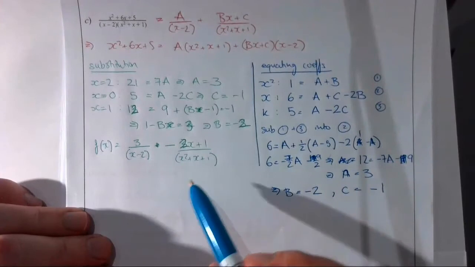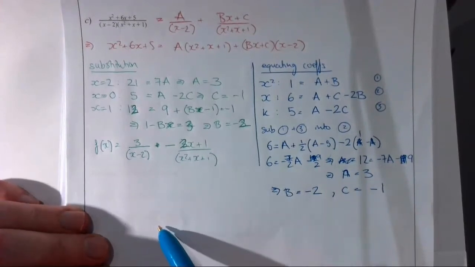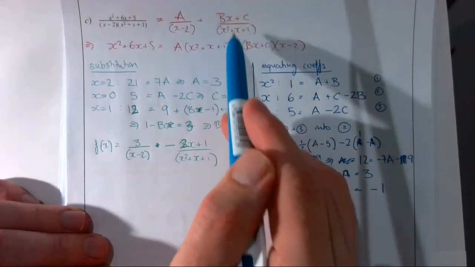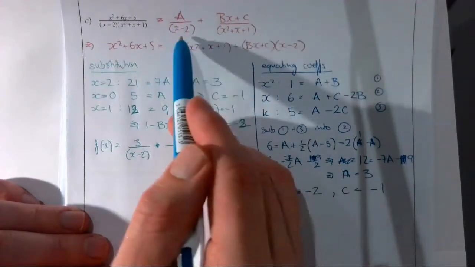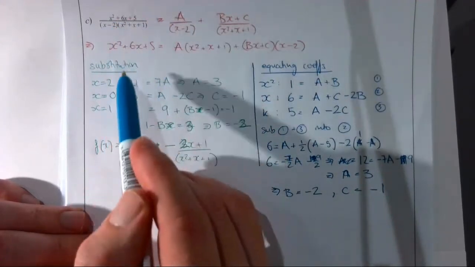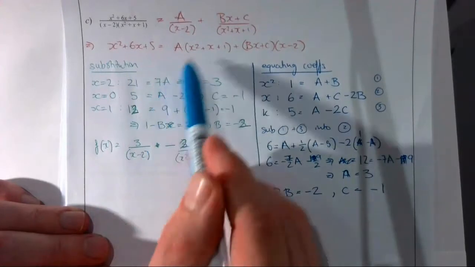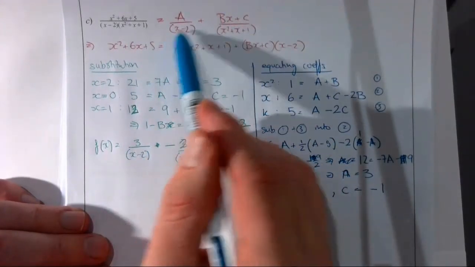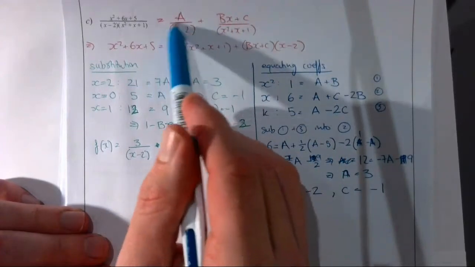For the irreducible quadratic, here we only have 2 terms, but we have a bx plus c on the numerator of the quadratic. And when I do that thing where I compare the numerators on both sides, I would get x squared plus 6x plus 5 is a times this numerator plus bx plus c times this numerator.